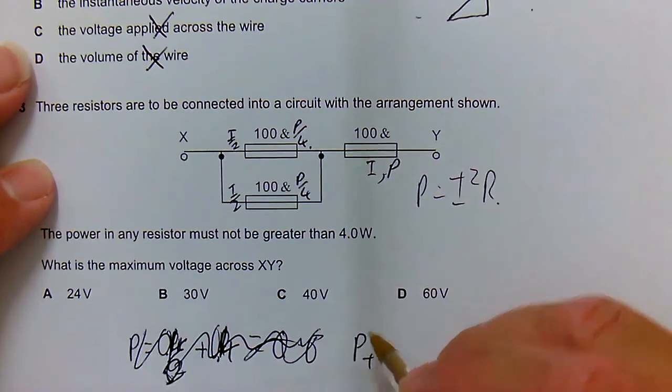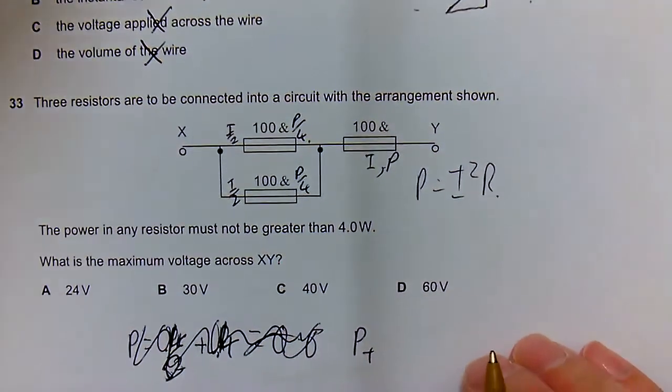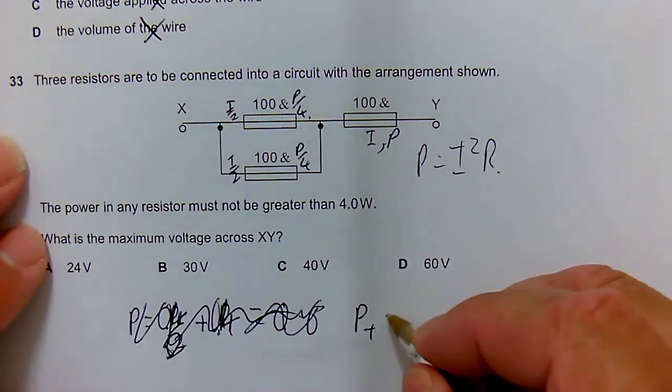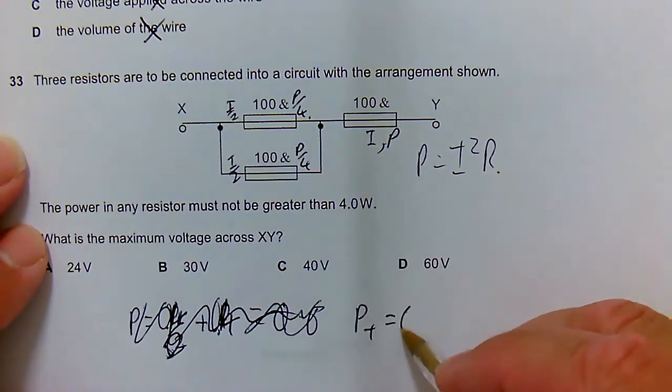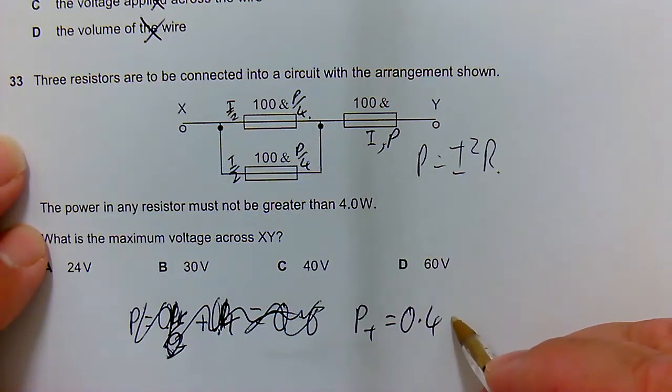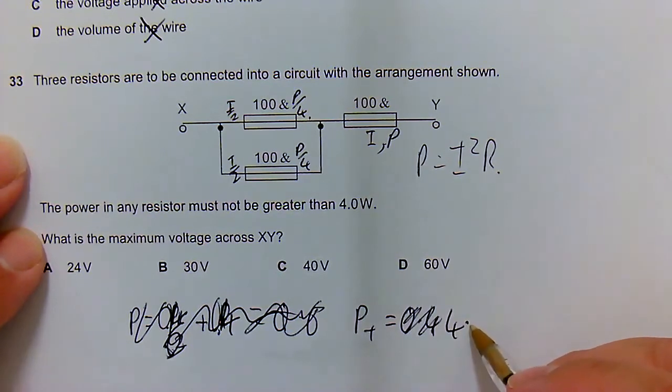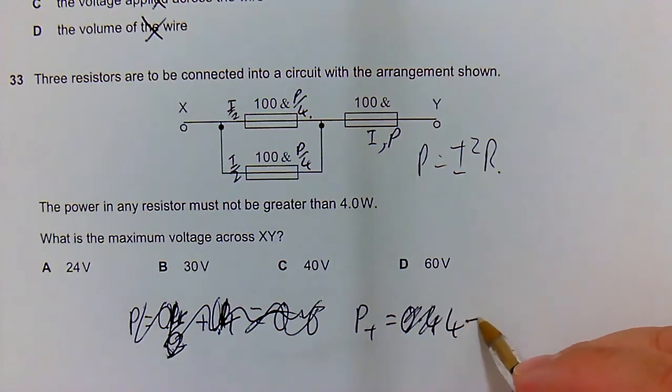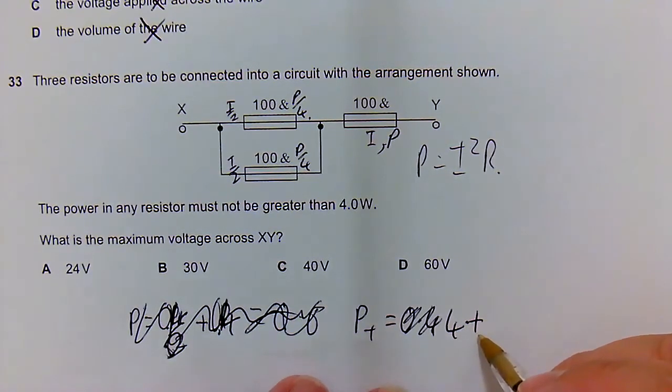So the total power of all of the resistors together is going to be the power from this resistor, which is 4.0 watts, plus the total power by these two resistors, which would be 2 watts.